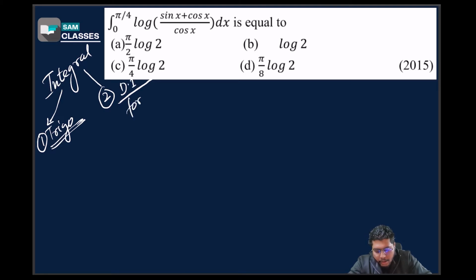Not just by mugging up the formula, you need to understand how to apply the formula in the question. That is very important. If you know trigo and the definite integral formulas, most of the questions will be solved in less than 30 seconds. And that is the main aim of this analysis plus PYQ solving session.